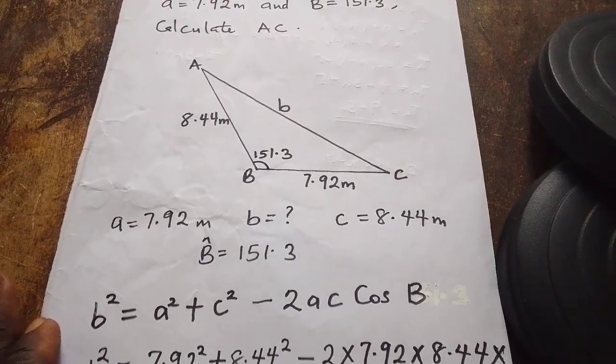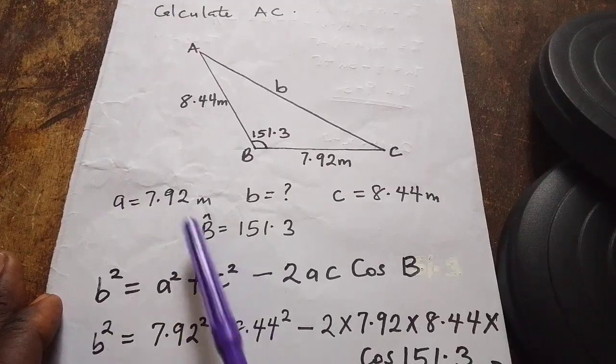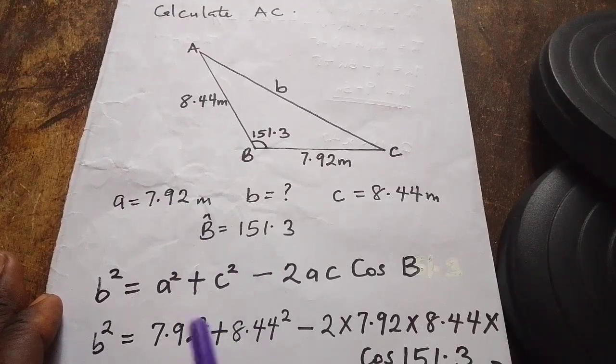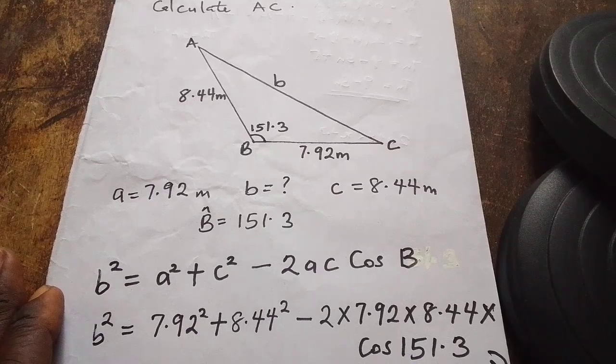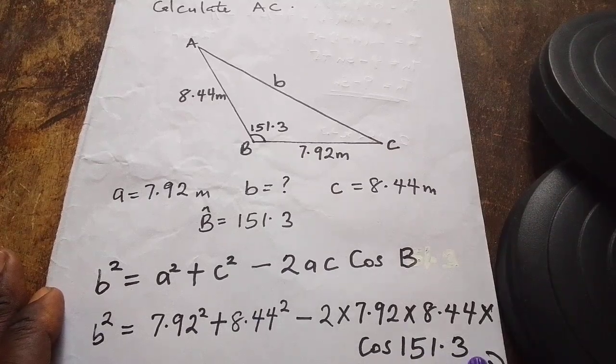So our b square will now be, our a is 7.92 square plus c is 8.44 square minus 2 times 7.92 times 8.44 cos 151.3.